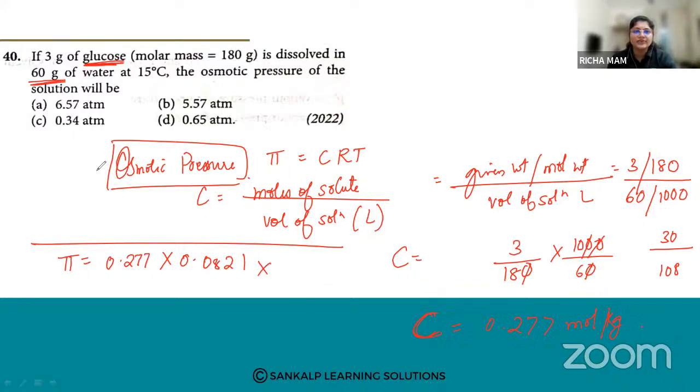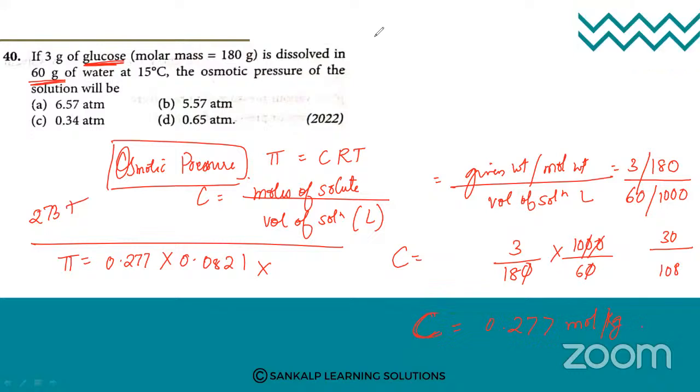What is 15 degrees? 273 plus 15, that is 288, in Kelvin. R is in liter atm per mole per kelvin, and concentration is mole per liter.